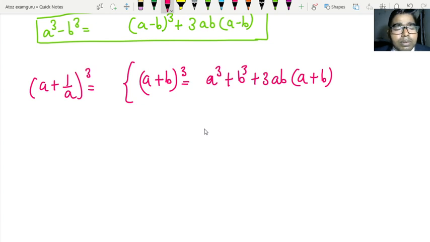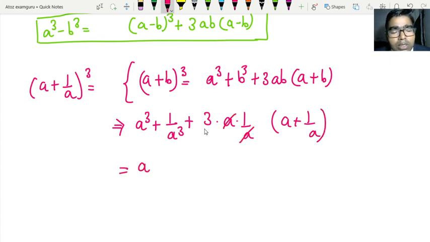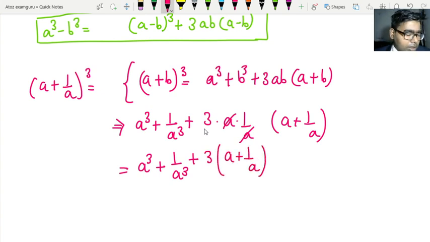In a very similar manner, this will become a cube plus 1 upon a cube and 3 into a into 1 by a, bracket a plus 1 by a, and this will cancel out. You will get a cube plus 1 by a cube plus 3, bracket a plus 1 by a. Right friends?